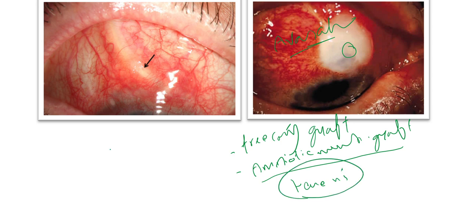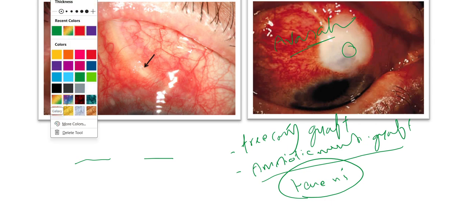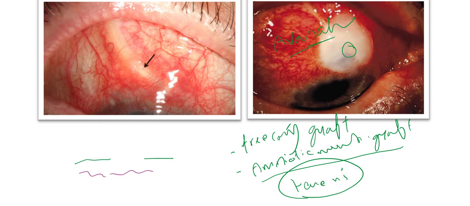So for better reepithelialization of this buttonhole, we would close Tenon's capsule first beneath the defect, and then we can place the graft, either amniotic membrane or the free conjunctival graft from the same eye, or preferably from the other eye.